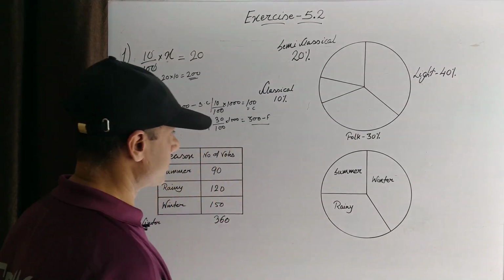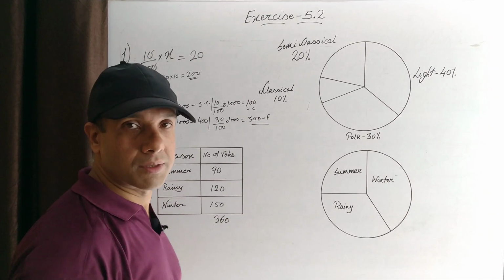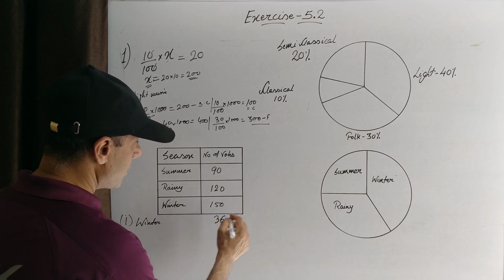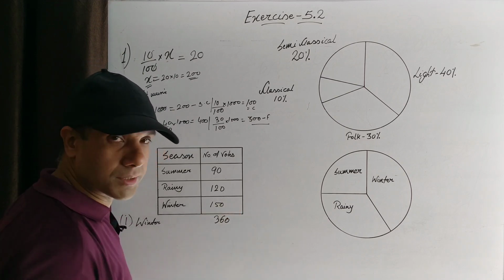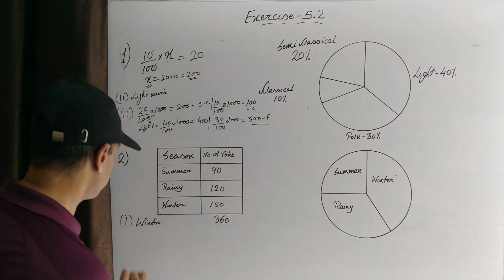Find the central angle of each sector. Central angles altogether make 360 degrees. So what is the total number of votes? That is 360. So if you see, these are actually the angles you'll be getting. Let's see how.